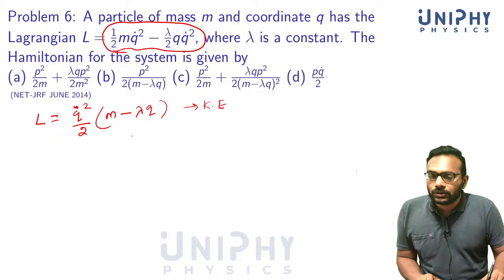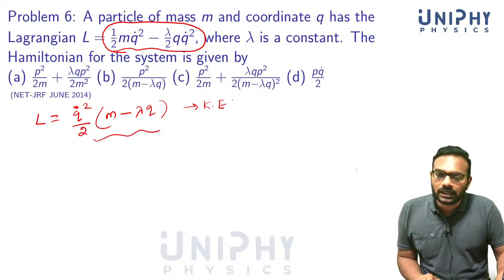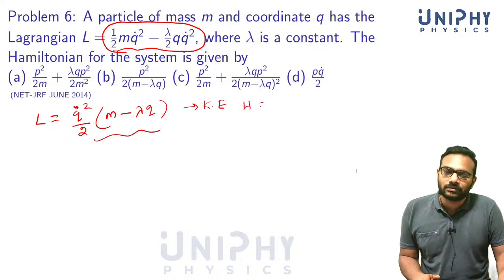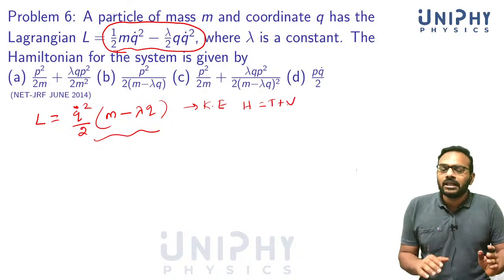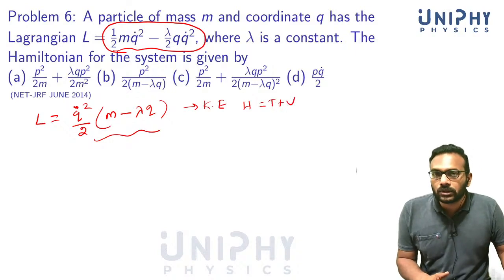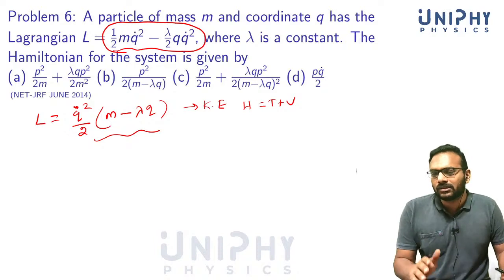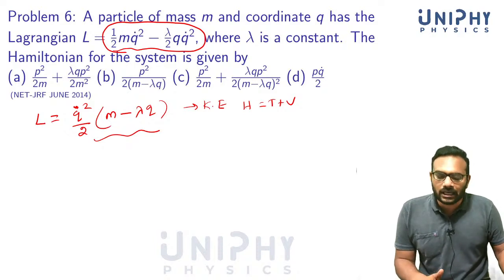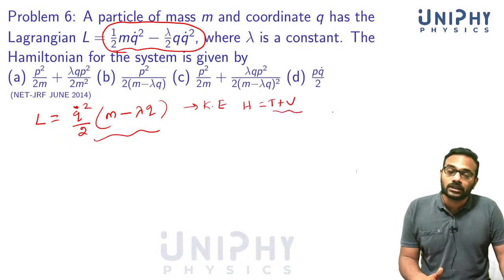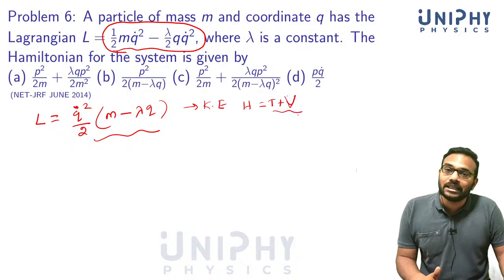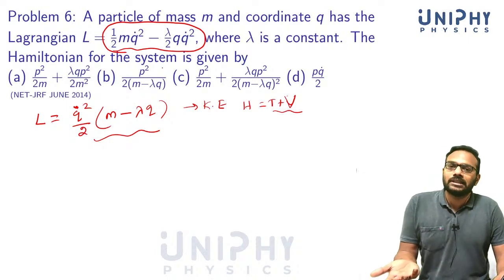The condition is that the Hamiltonian is T plus V if the transformation of coordinates does not involve time explicitly. Here there is no transformation and no explicit time. Another condition is that the potential has to be velocity independent, and here there is no potential at all.